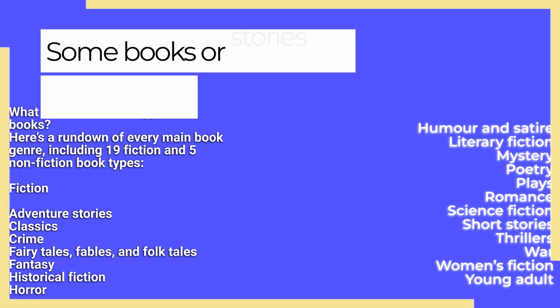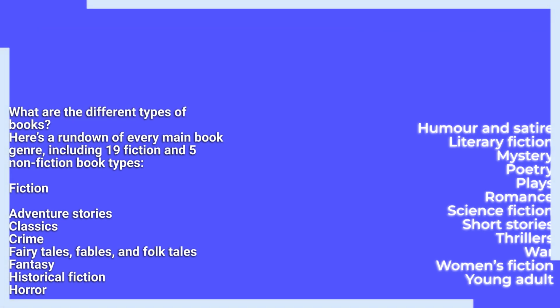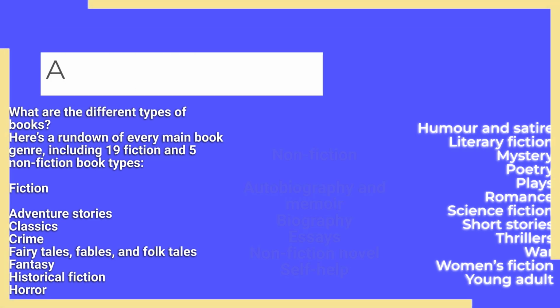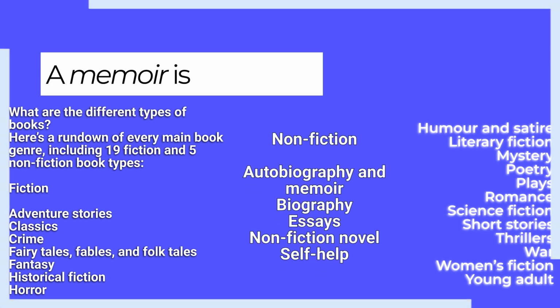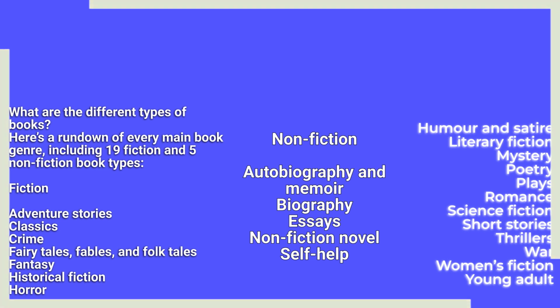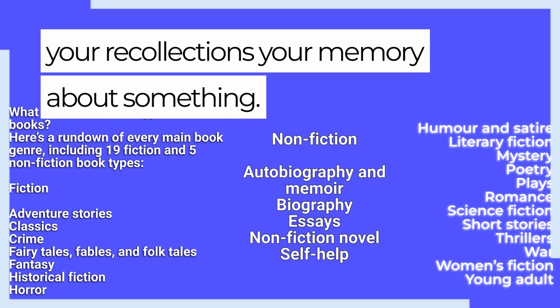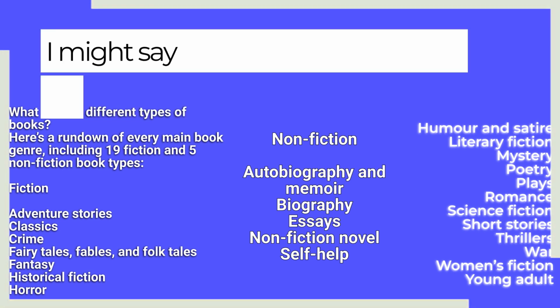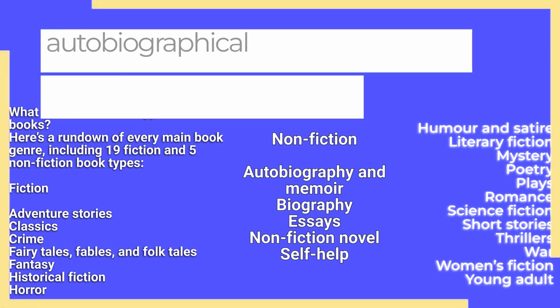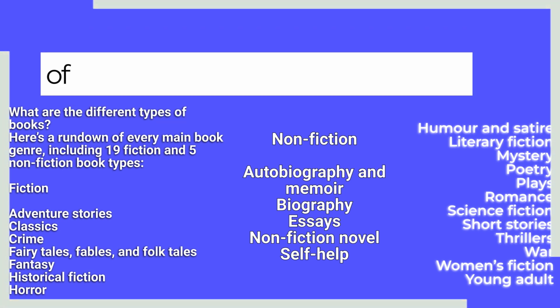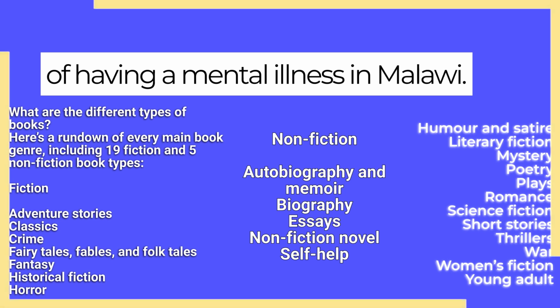Some books or stories are non-fictional. There might be an autobiography or memoir. A memoir is French for your recollections, your memory about something. I might say Ezekiel and I are writing an autobiographical story about his life and about his experiences of having a mental illness in Malawi.